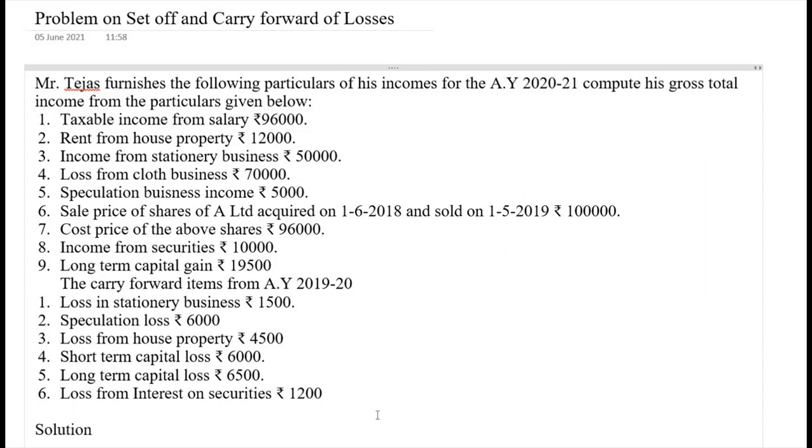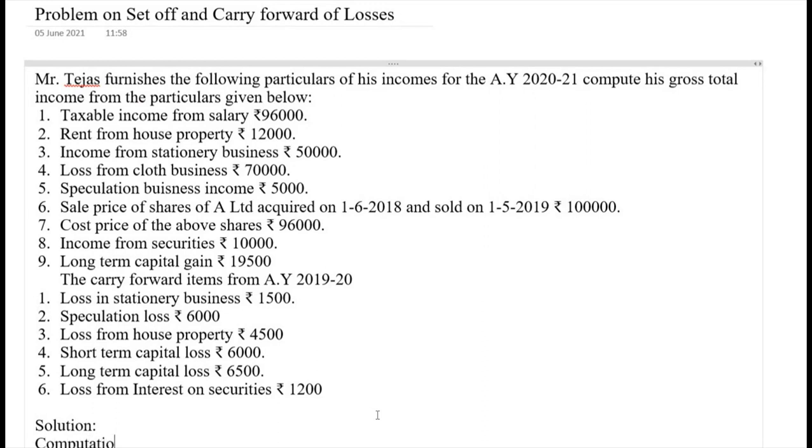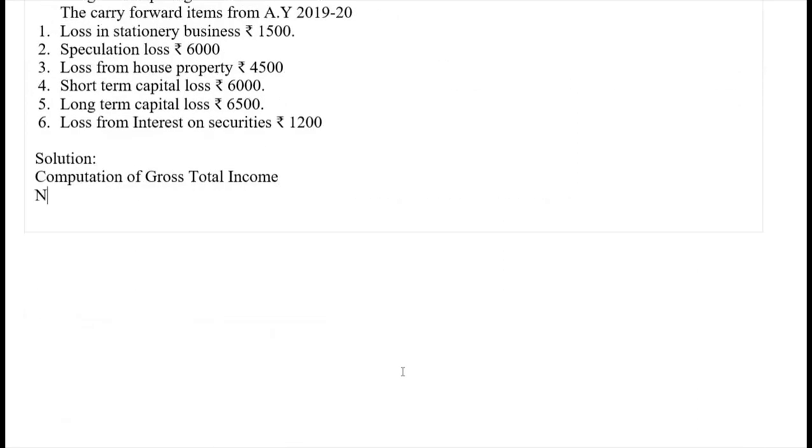So, solution: computation of gross total income. Name of the assessee, Mr. Tejas. Previous year 2019-20, whereas the assessment year 2021.